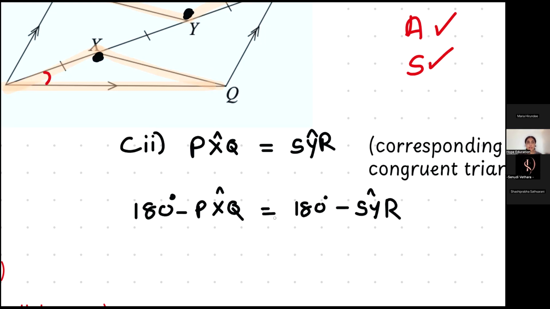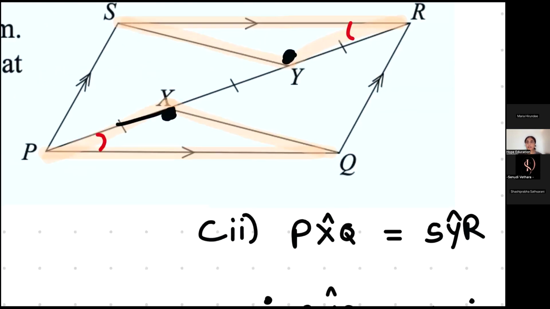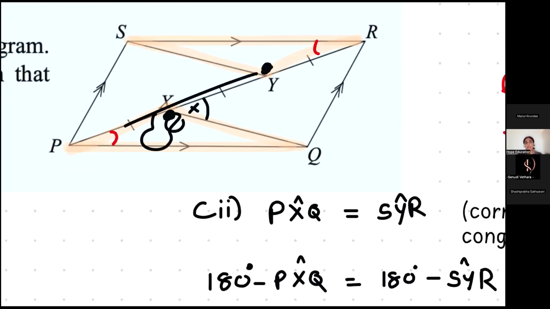Okay. If you take this 180 degree straight line, this is PXQ. When I subtract it, this angle that is formed is QXY. So 180 minus PXQ is this QXY.